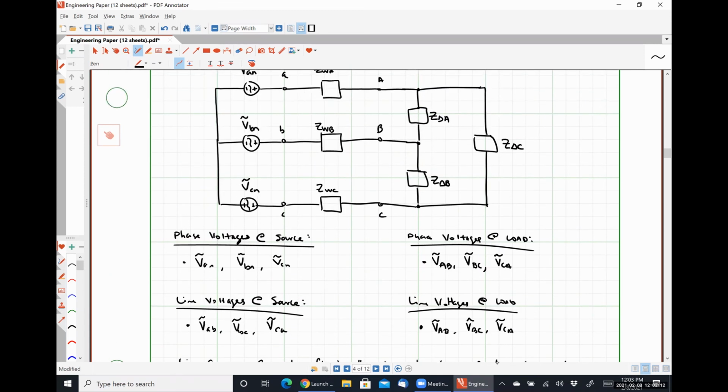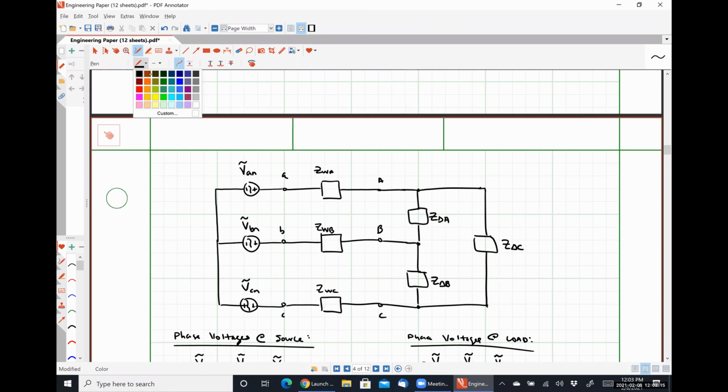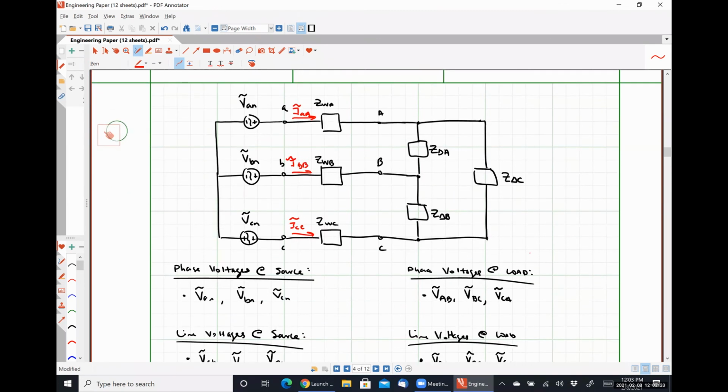So in this case, that would be this current IAA, I lowercase b capital B, and I lowercase c capital C. So they start on the source side at that transmission line terminal and end at the load side of that same transmission line. So that's why it's lowercase a, uppercase A, lowercase b, uppercase B, lowercase c, uppercase C, etc.